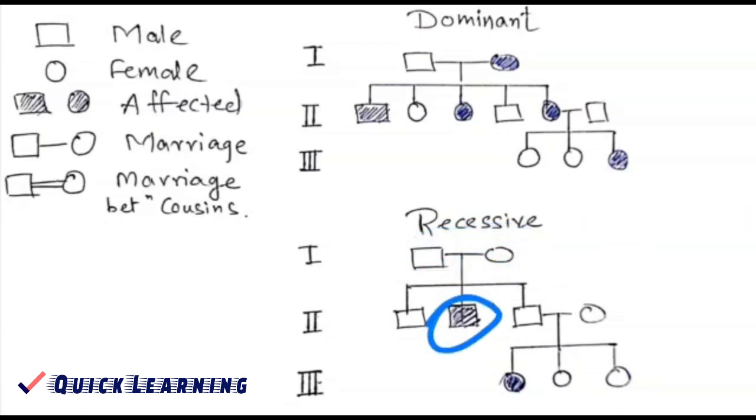So here the son is affected, but a daughter is also affected, so we cannot go for X-linked. So this is autosomal recessive. This is called autosomal dominant, because regardless of the sex, mother has transmitted to both of them, to the daughter as well, to the son as well.